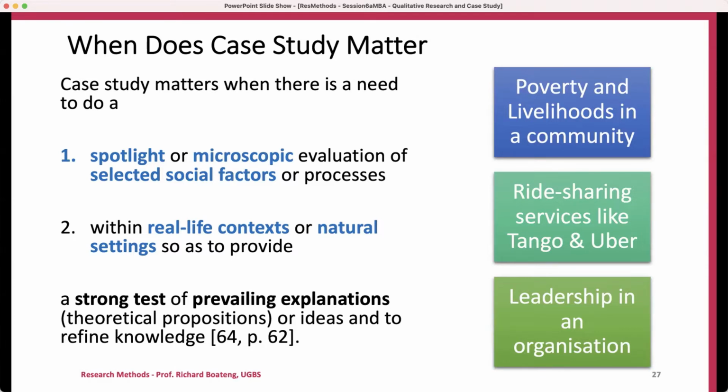I can also go to that same community and try to understand, what if we want to bring an intervention and give you mobile phones, and how can the mobile phones empower you to do the work? So we want to look at your communication practices. Case study. I study the communication practices among them. Selected social factors. Do you understand me? Yes, Doc. Good. So you appreciate how the studies can be done.